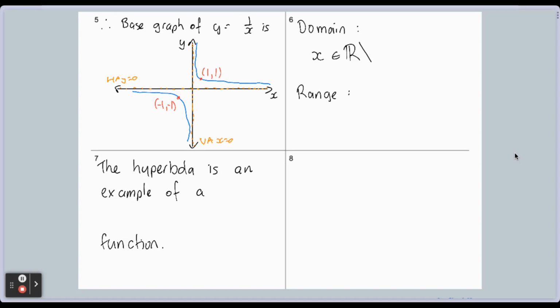Backslash means except for. And then I'm going to use a brace, a curly bracket, which says this is a set of numbers, and inside that set is just one number, which is 0. So that says x is a member of the real set, except 0. So all positives, all negatives, all decimals, all irrationals, all rationals, everything, but not 0.